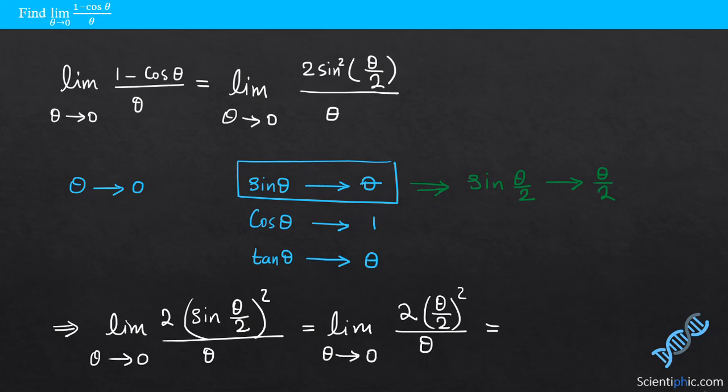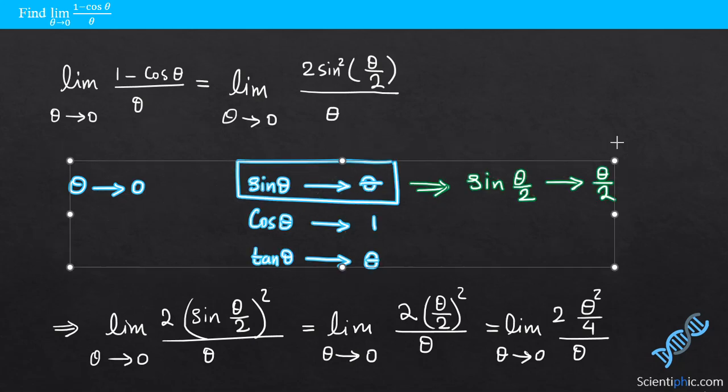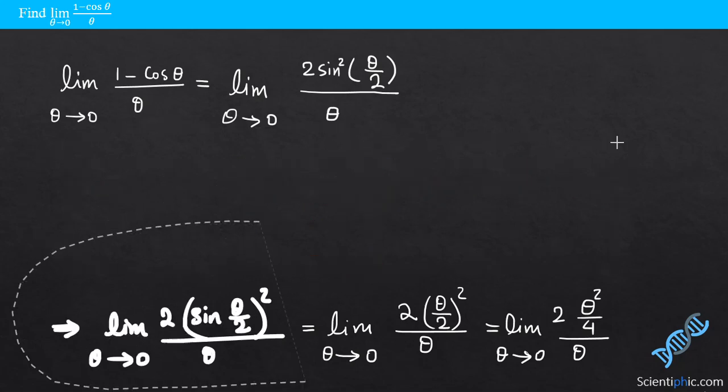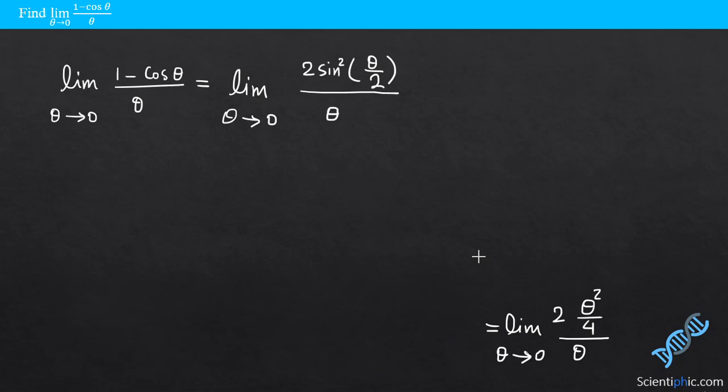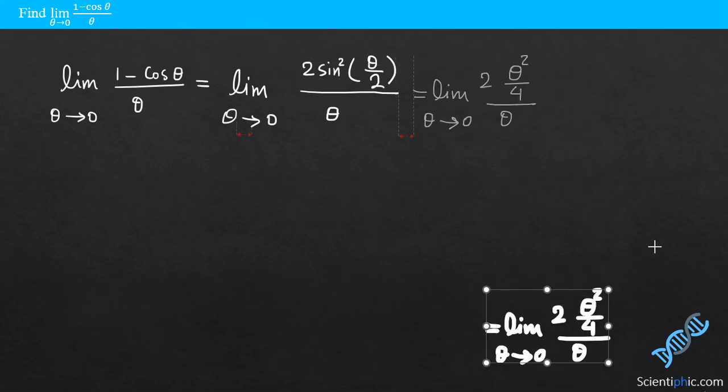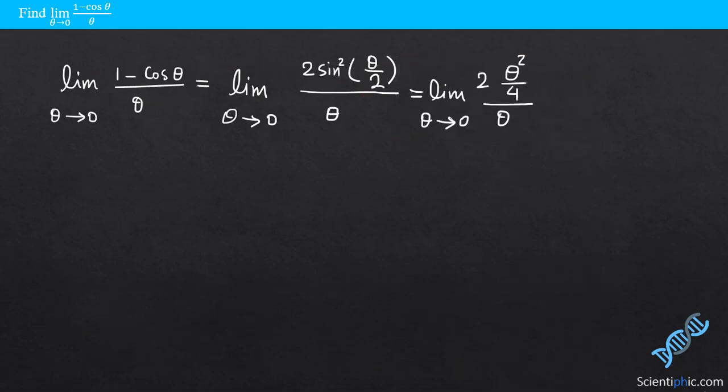And now I'm gonna simplify the expression, so it would be the limit of 2 theta squared over 4 over theta when theta goes to 0. Now we can still simplify the fraction.